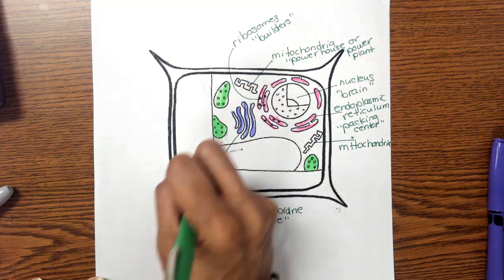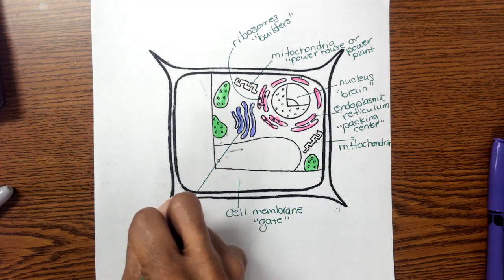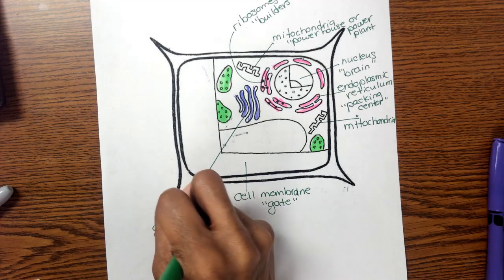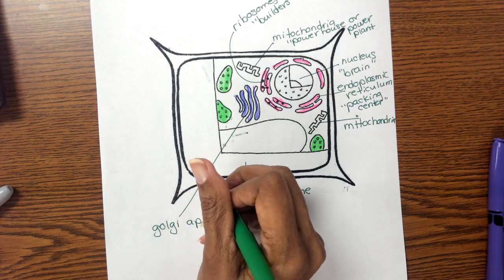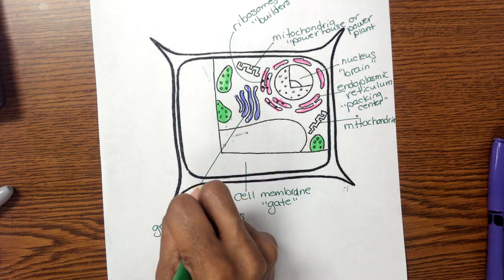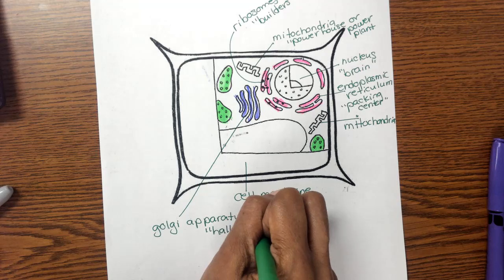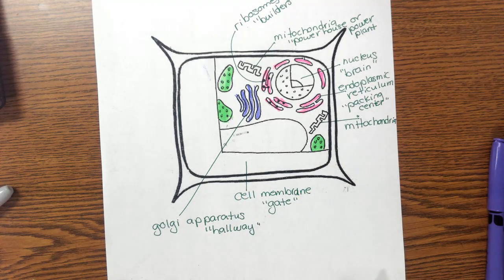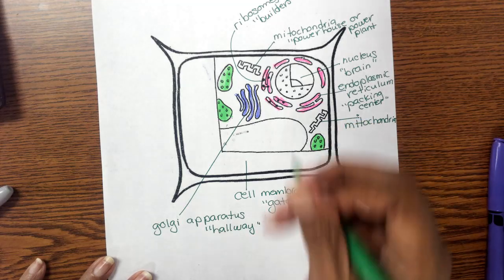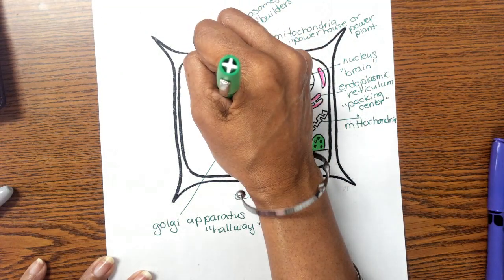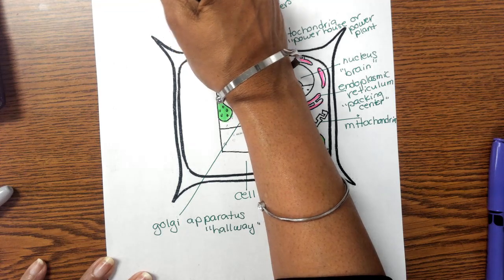Then these purple are your Golgi apparatus. And we said this was the hallway. And then in the center, all this open space here is your cytoplasm.